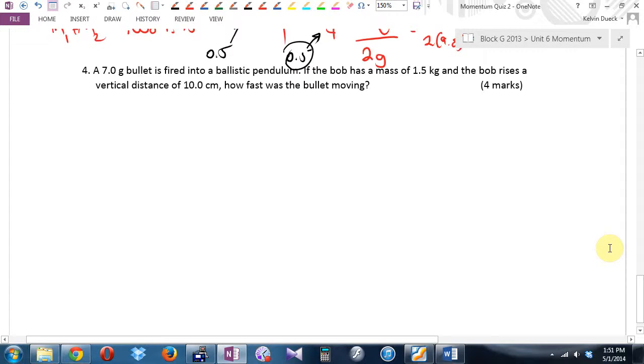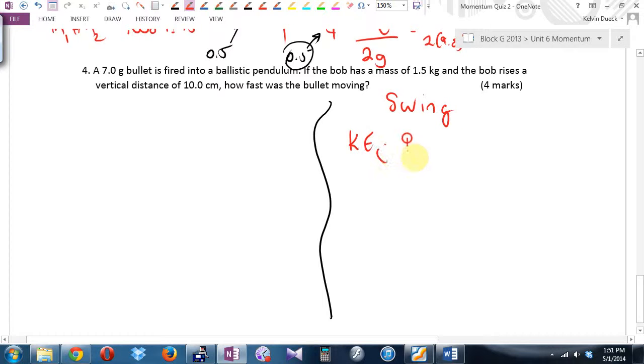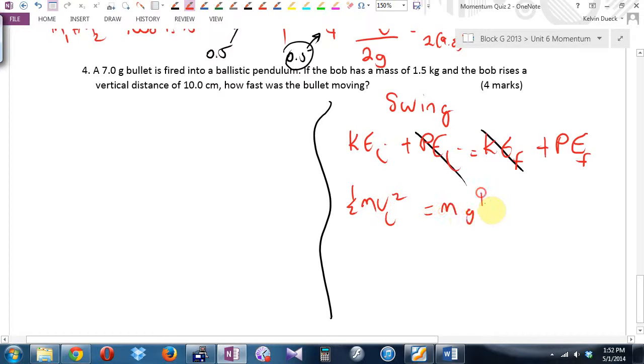Okay, now they've given me the height, and they want to know what's the incoming speed. I'm going to start with the swing, where I know a half m v initial squared equals m g h final.